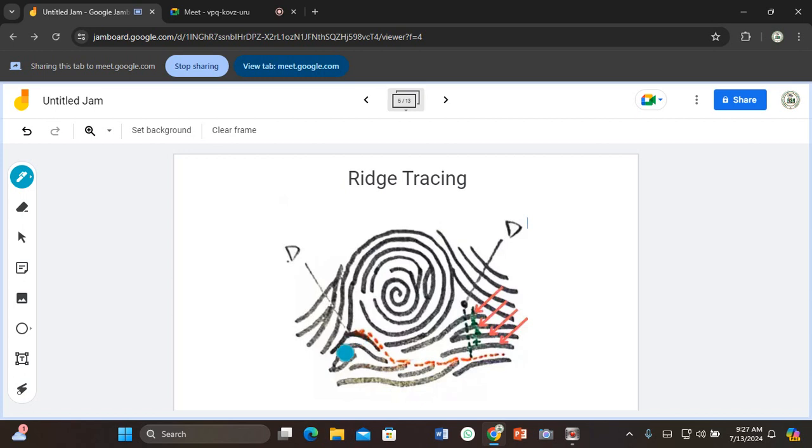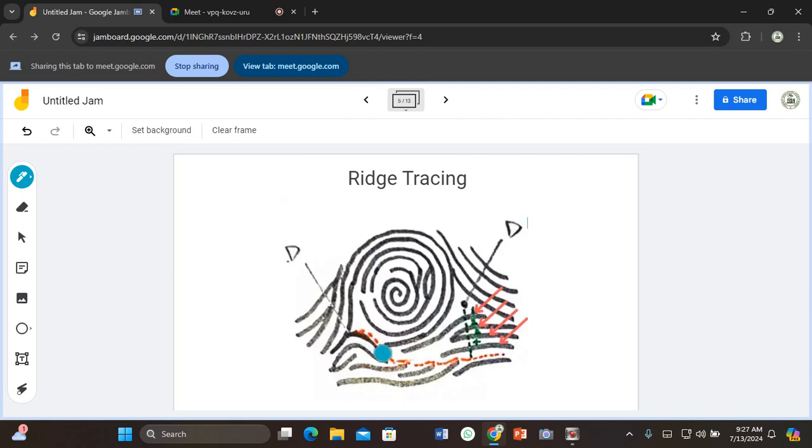Now, if the delta at the left hand side has a formation of bifurcation, as you have it on the screen, what you need to do is to start tracing from the lower arm of the bifurcation. Trace it down.